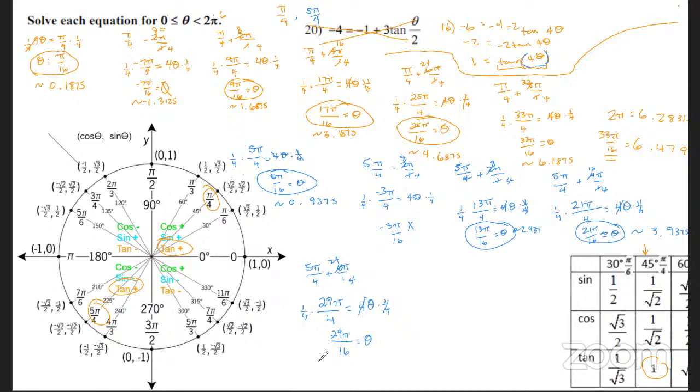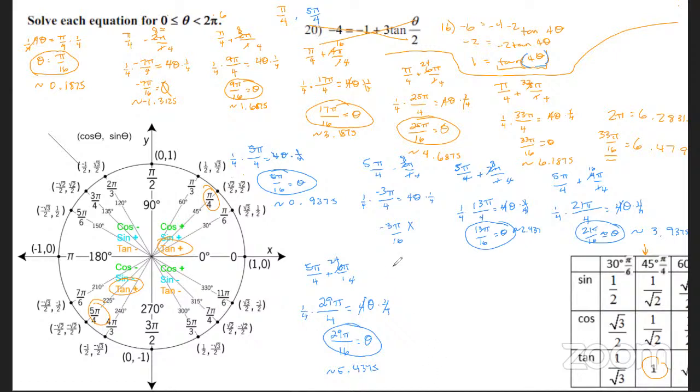And let's see if that works for us. 29 times 3 as an estimate for pi is 87 divided by 16, which is an estimate of 5.4375. Does that fit between 0 and 2 pi of our limits? It does. So that is another possible solution.